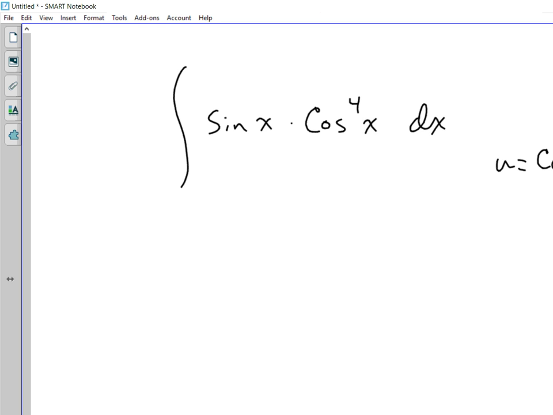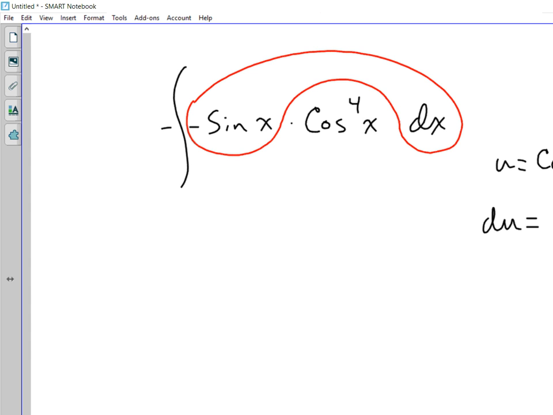u equals the cosine of x. du, the derivative of cosine, is negative sine, don't forget the dx. Now, what am I missing? I need a negative in there. So how do I produce a negative on the inside? I need a negative on the outside as well. So now this is my du, and this just becomes u to the 4th.